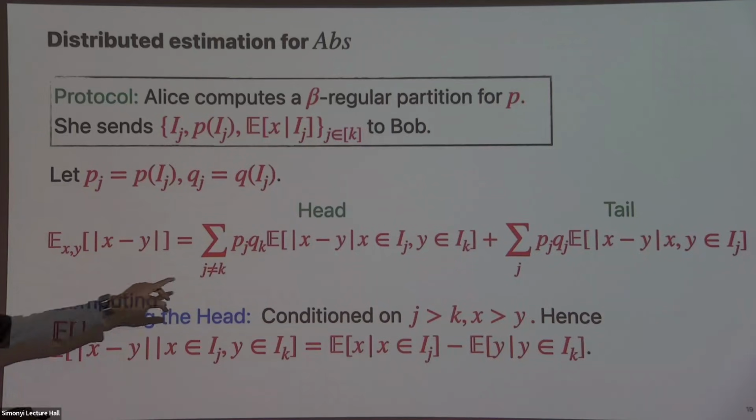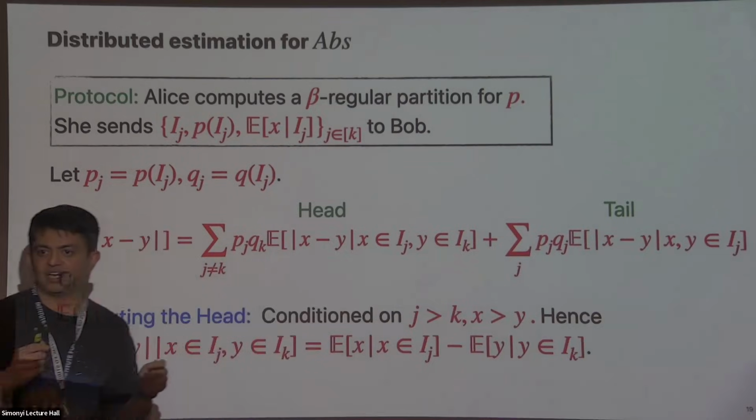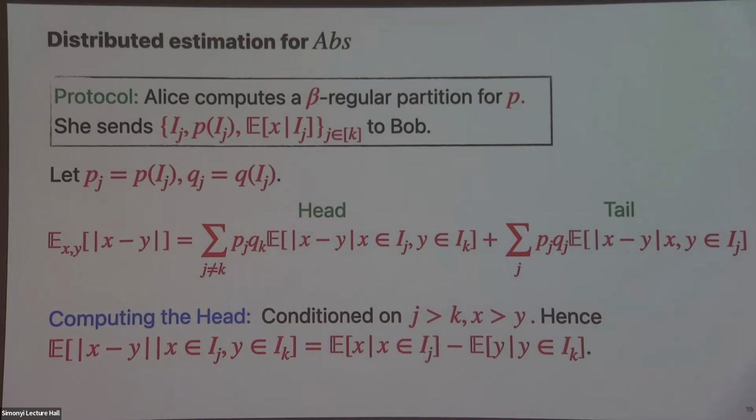Well, conditioned on the event that X and Y fall in different intervals, you know which of X and Y is bigger. So the absolute value of X minus Y, you can get rid of the absolute value. It's just a linear function. In particular, if j is greater than k and X lands in Ij, that means X is greater than Y. So the absolute value of X minus Y conditioned on this event is the same as the expectation of X conditioned on landing in this interval, minus the expectation of Y conditioned on landing in the interval.